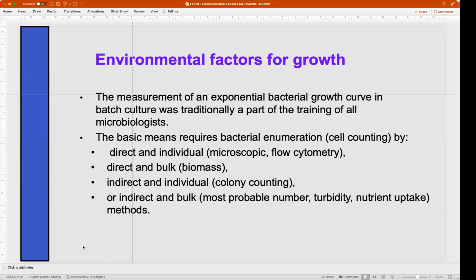Some microbes have a doubling time of 10 to 20 minutes, and then you're done your experiment within a couple of hours. If the doubling time is 12 to 24 hours, then your experiment is over weeks later, because it takes a long time for it to double. Okay, and we count the bacteria by direct counts, and by direct counts, this is like a microscope.